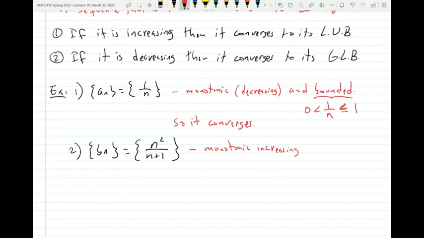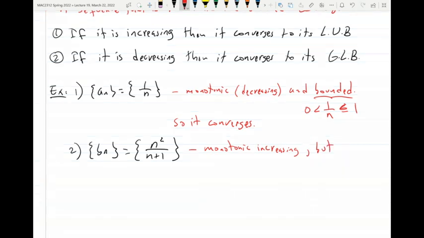What's the limit of this? The limit is infinity, because the top is a square and the bottom is 1. So this is monotonic, but it's not bounded, and that's the reason it doesn't converge. It diverges, because it's not bounded. If it's monotonic, for it to converge, it better be bounded. So it's monotonic increasing, but it's not bounded.